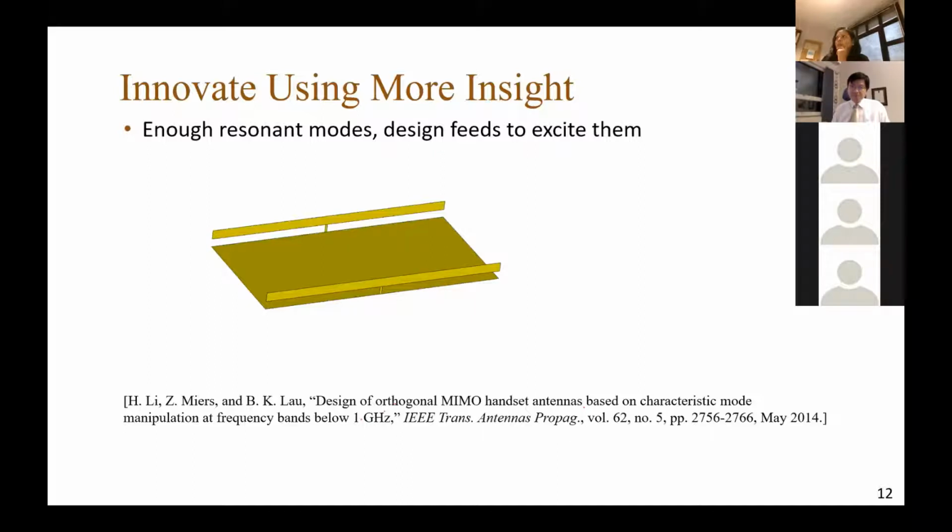Strictly speaking, characteristic modes in commercial codes can so far only analyze perfect electric conductors. But I have started to be interested in using characteristic modes also to provide some innovation or hints when the antenna is close to, for example, the head.